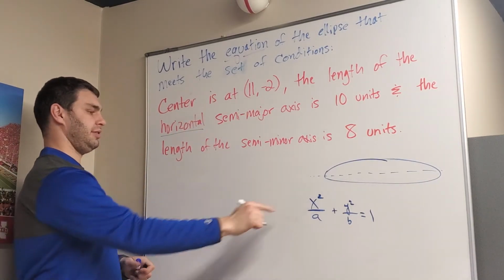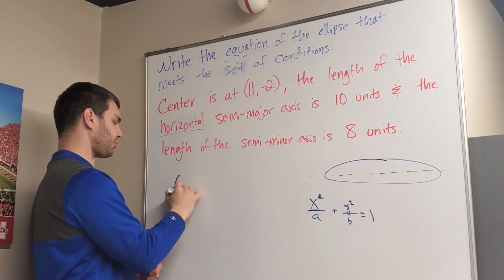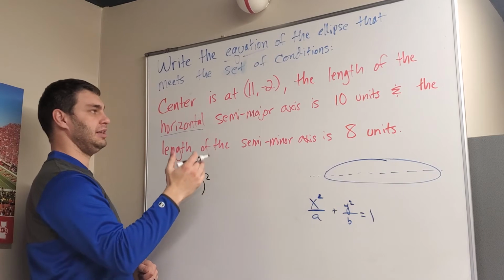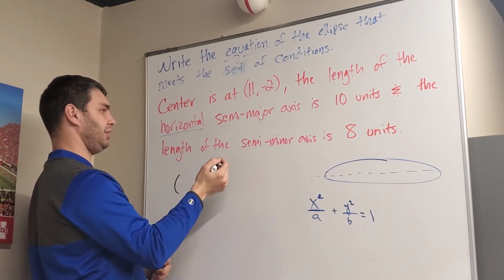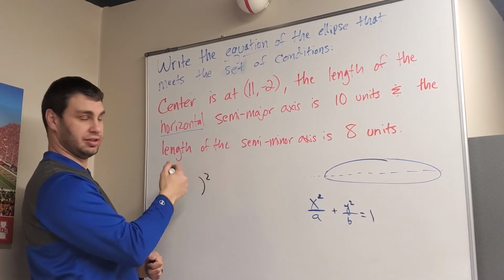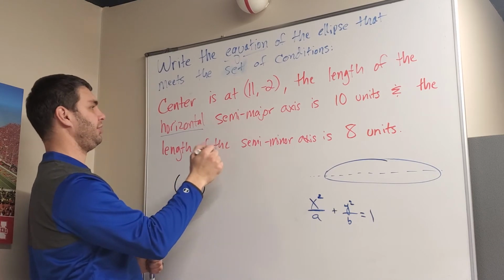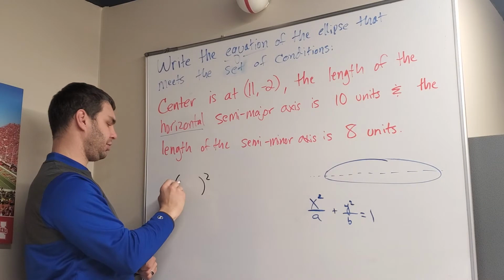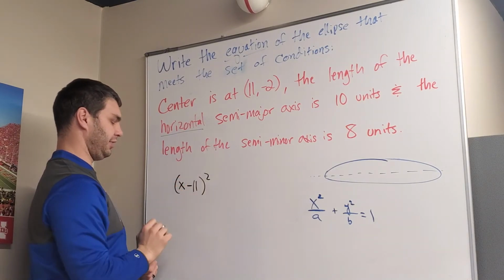So first off, I'm going to write my x's as a quantity squared, because I know that this is shifted 11 units to the right, since it's a positive 11 here for the center. The way we would write that is x minus 11.